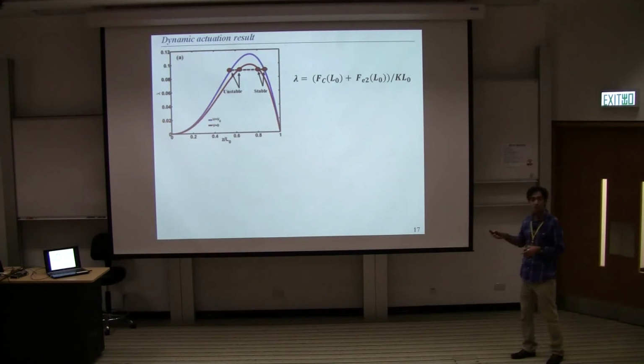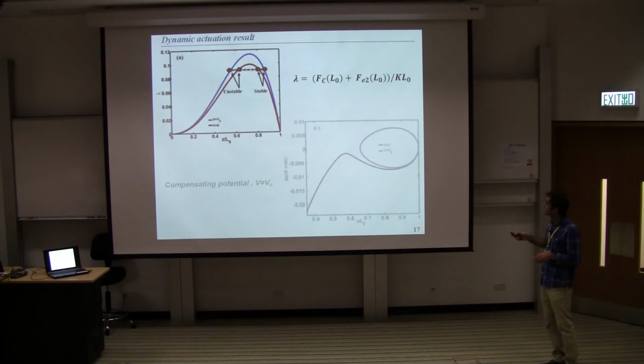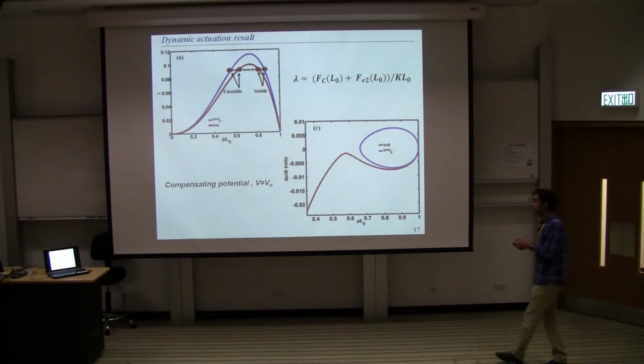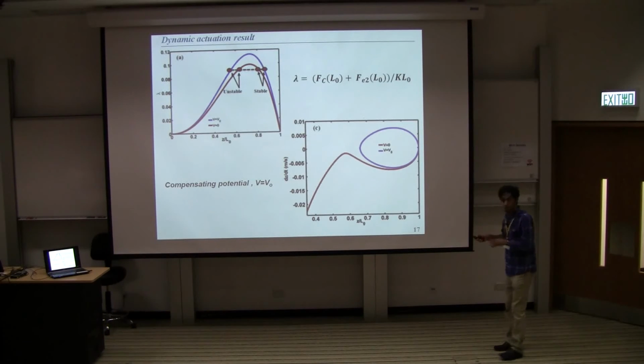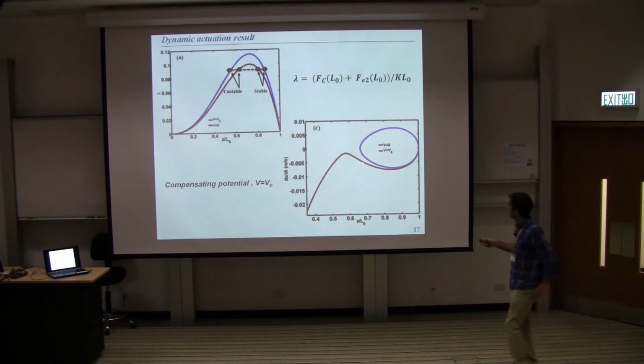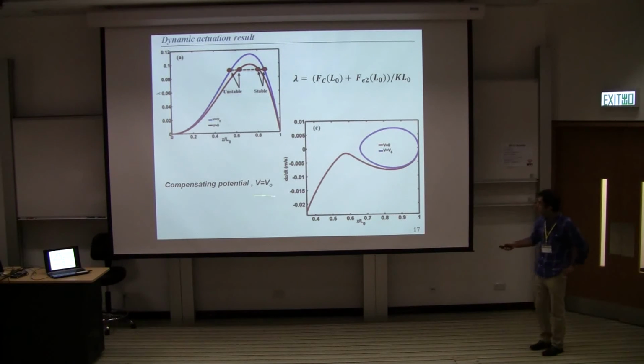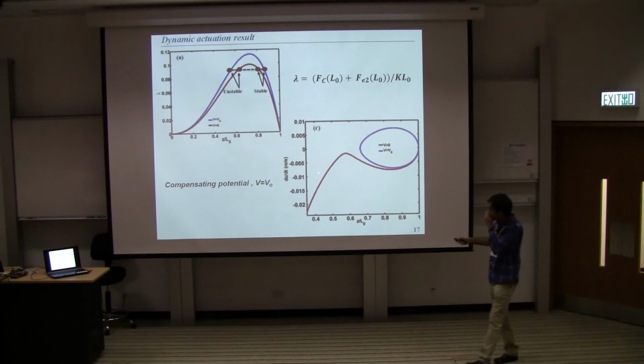Although the difference here seems not really significant, using the phase portrait shows a significant sensitive dependence on the contact potential. What we see here is the phase portrait, which is the velocity of the system versus the distance.